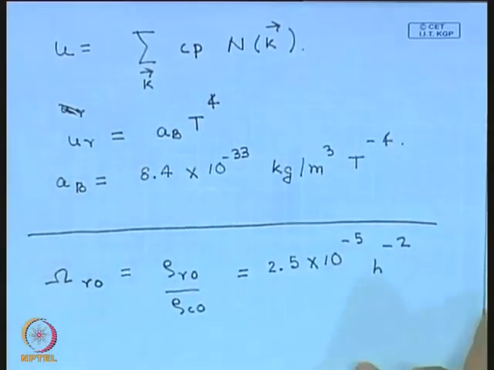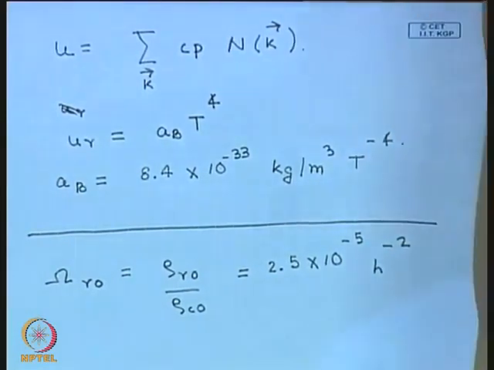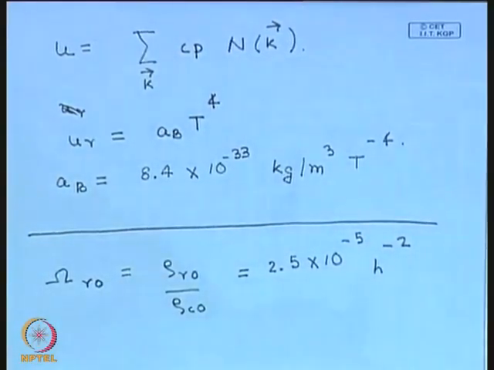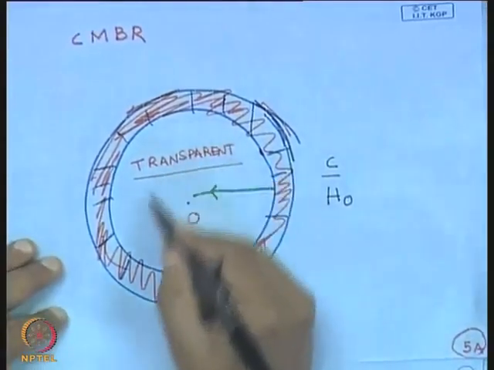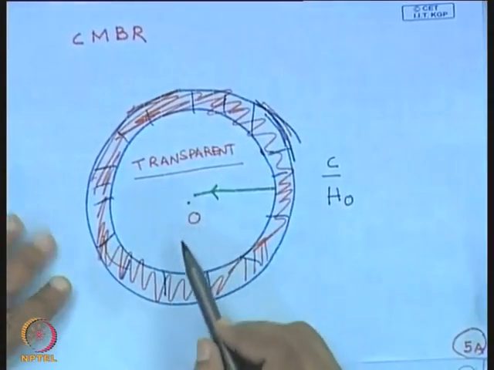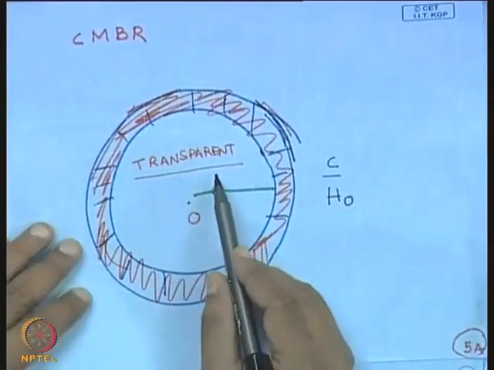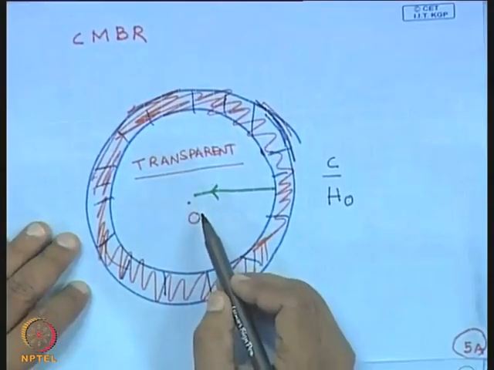Now let us go back to the picture that we have. In the picture that we have, the universe is transparent now. So with the expansion of the universe, the temperature just falls as 1 by a.